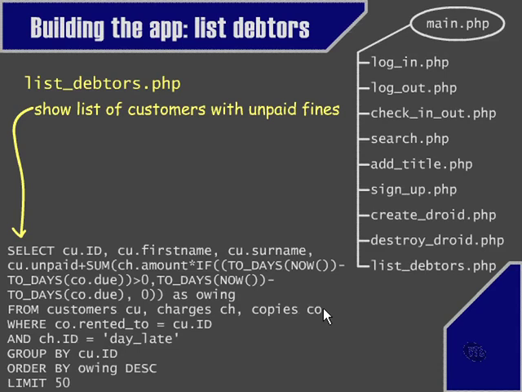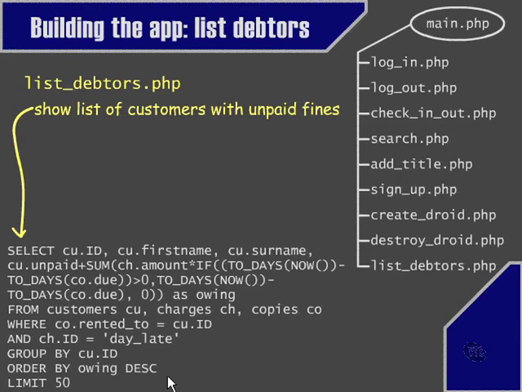The rented to column of the customers table joins with the customer's ID over here in this clause, and that allows us to find all the copies of videos that a particular customer has out at the moment. We're grouping this information by the customer ID, and we're ordering by the owing column.